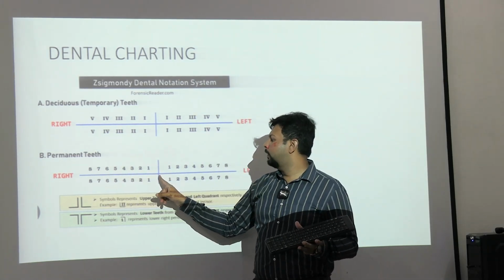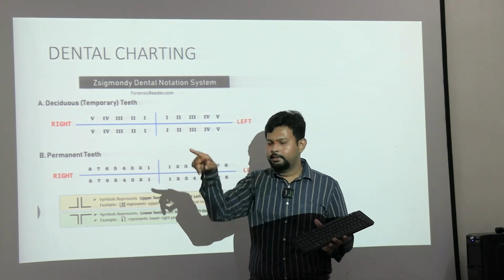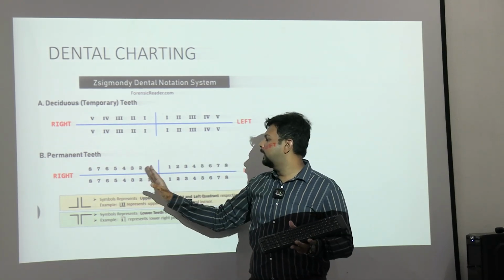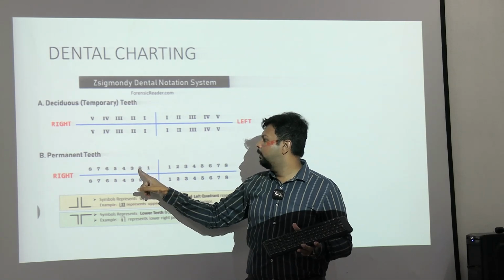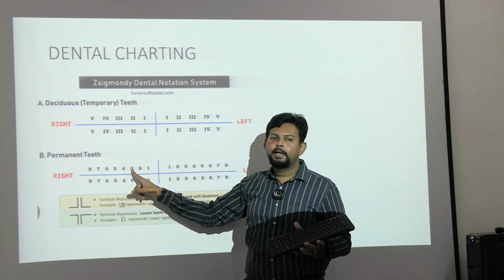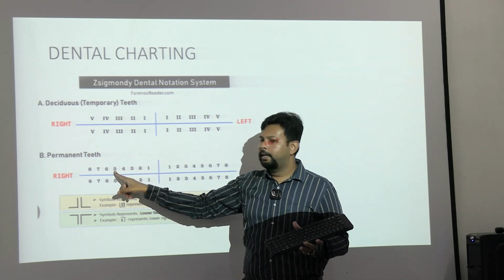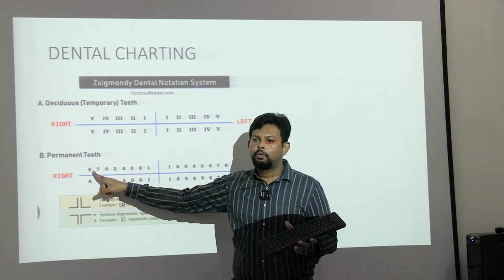This is the midline, as I told you, quadrant. These are normally the central teeth. 1 is the central incisor, 2 is the lateral incisor, 3 is the canine, 4 and 5 are premolars, and the rest are molars.